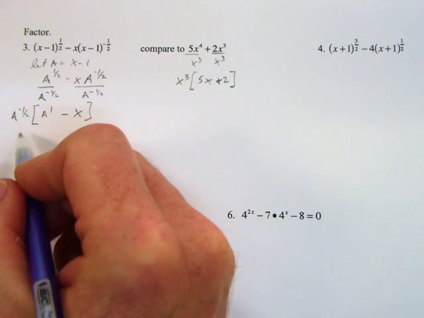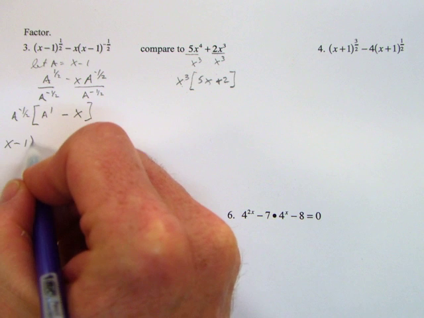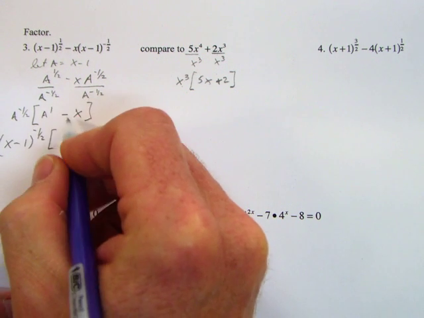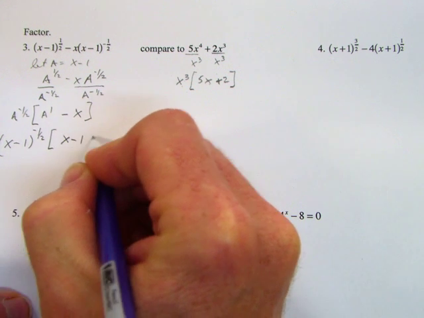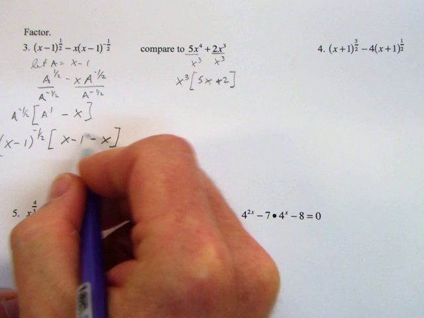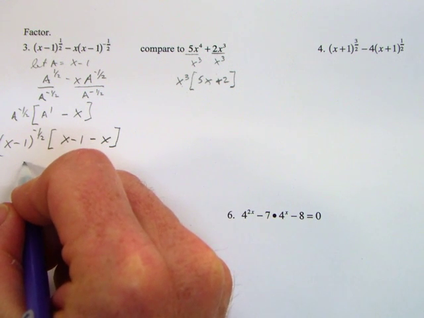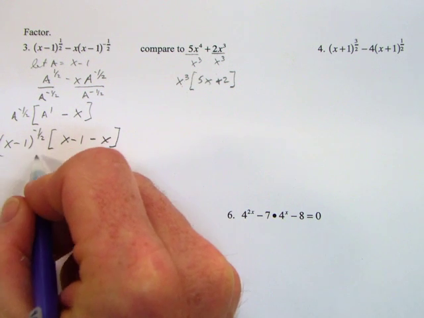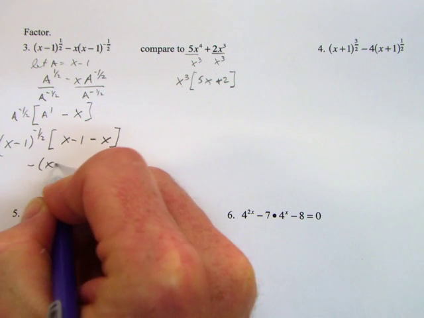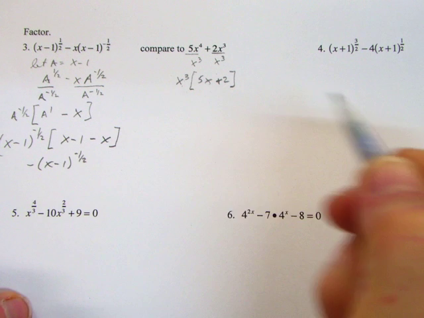If we applied this same idea with the x minus 1, or we could just substitute back in at this point, a is x minus 1, minus x. The x's go away, and we're just left with negative 1. So this is going to be negative 1 times x minus 1 to the negative 1/2, or just negative x minus 1 to the negative 1/2.